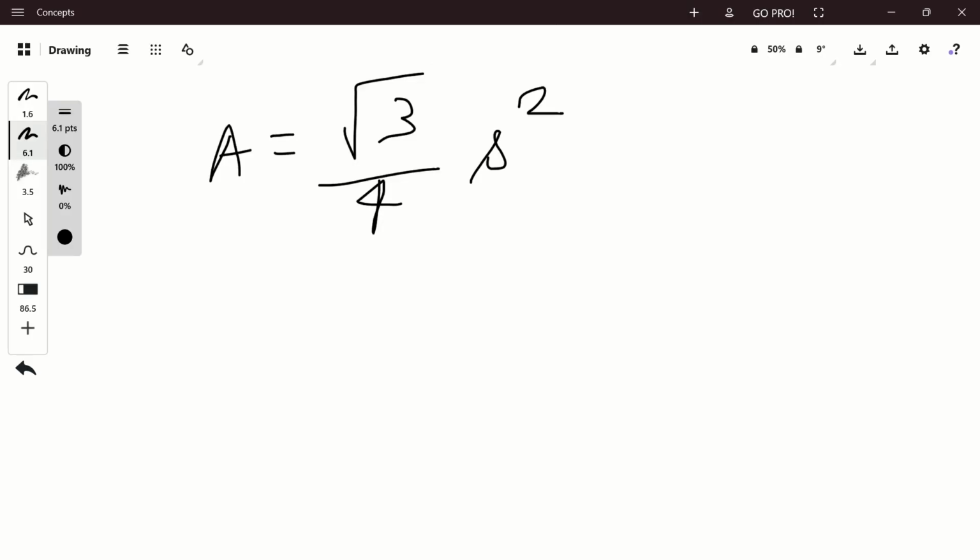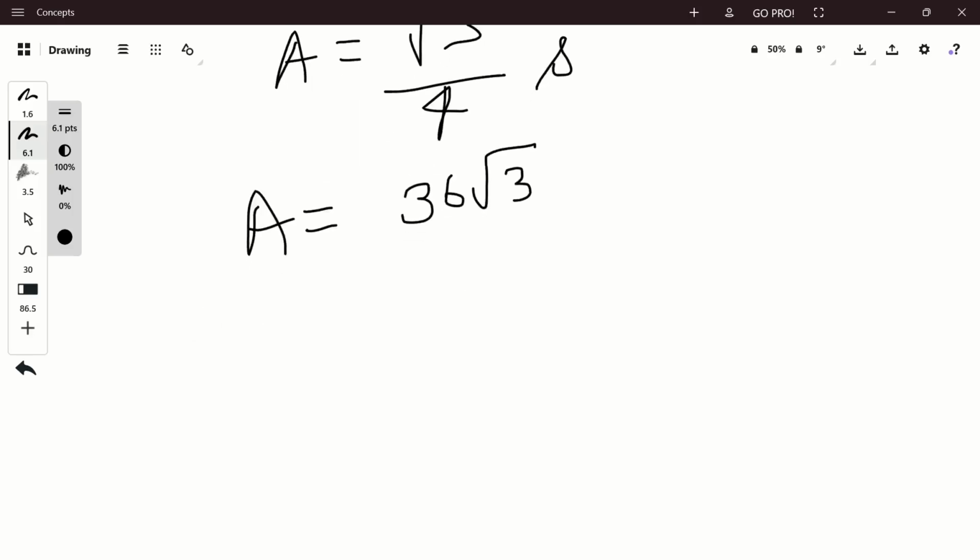Given area is equal to 36 root 3, that is root 3 by 4 S square.